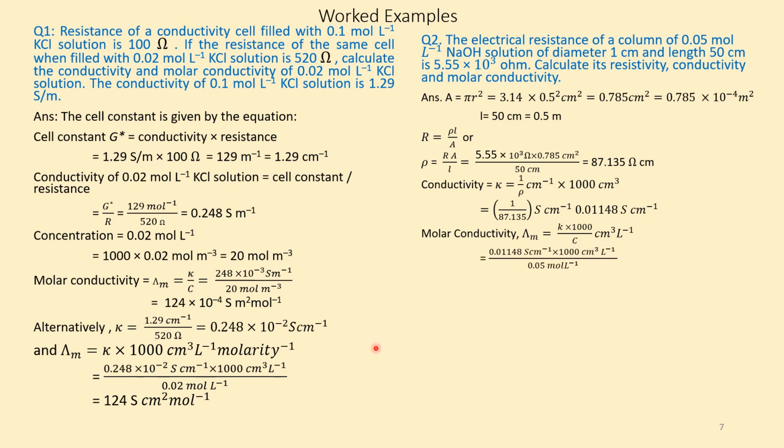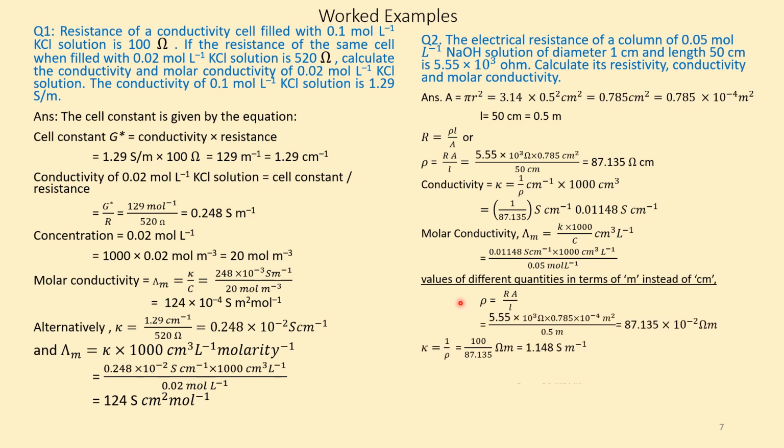So substituting the values of kappa and C concentration, we get the value of molar conductivity as 229.6 into 10 to the power of minus 4 Siemens meter square per mole. So we can adopt this method or directly from this method. Here the calculated values are shown. Please do the calculations once again.